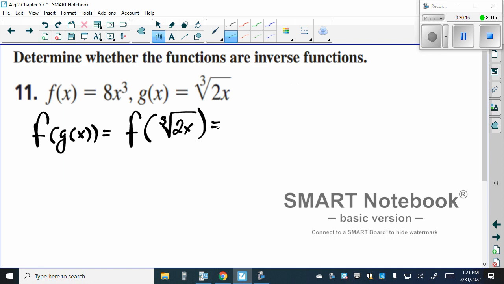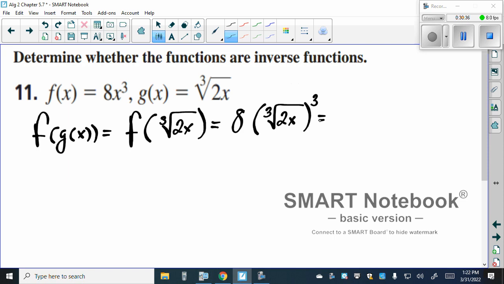So we replace g of x with what it is, the cubed root of 2x. And now we're going to plug the cubed root of 2x in every place in the function f of x where x appears. So that'll tell us that we have 8 parentheses cubed root of 2x cubed.